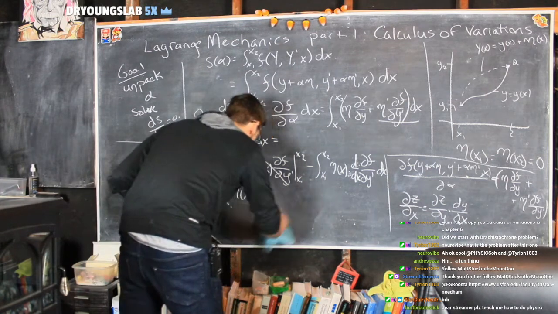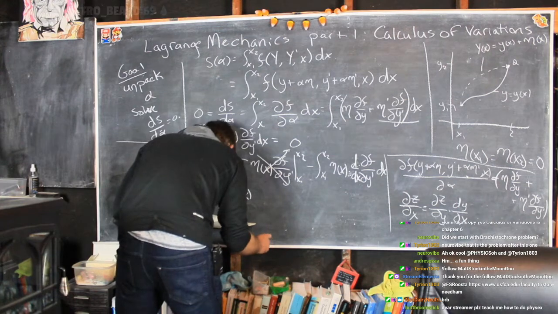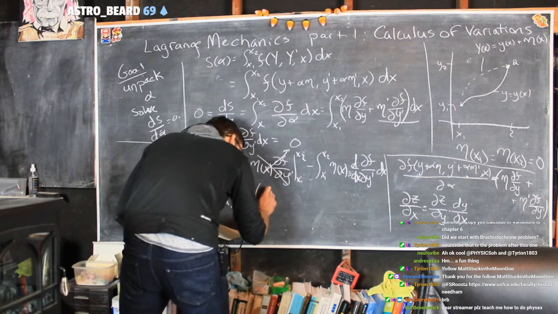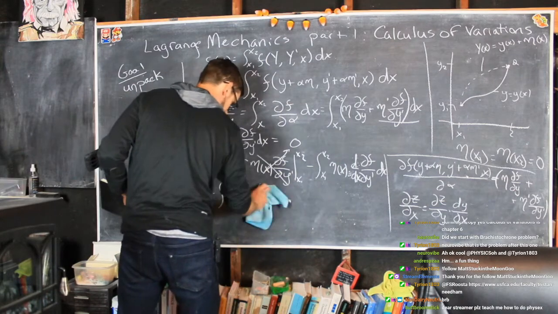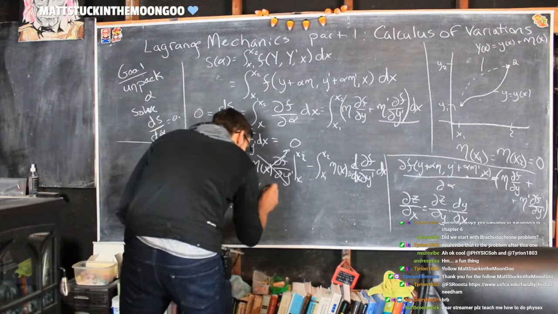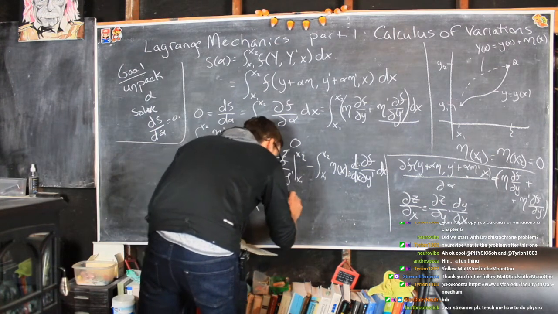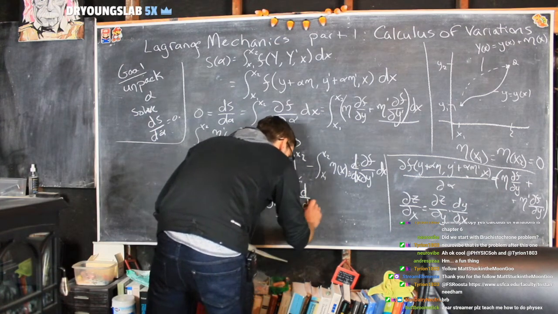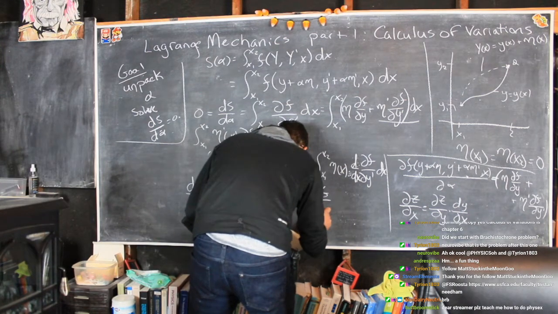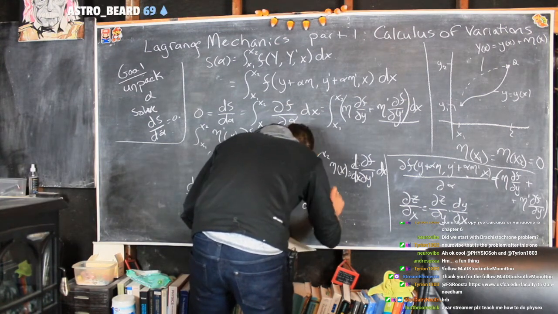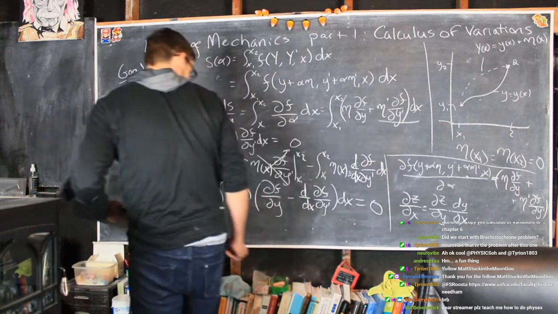Let's erase this. Let's go up here. There we go. Eta of x times, we're going to factor out the eta of x in each of these. The partial of f with respect to the partial of y minus the derivative with respect to x of the partial of f with respect to the partial of y prime, dx. And this is equal to 0.